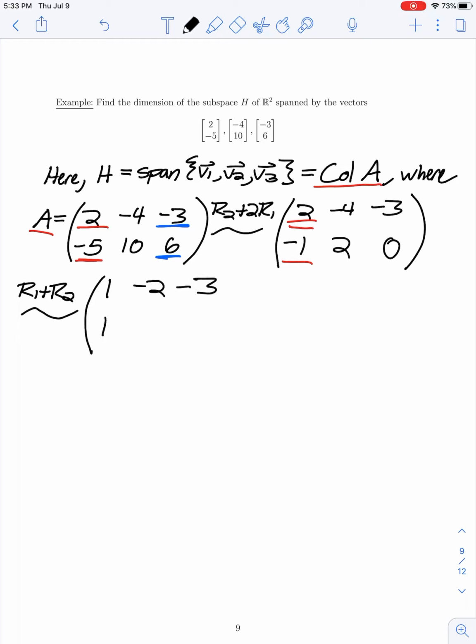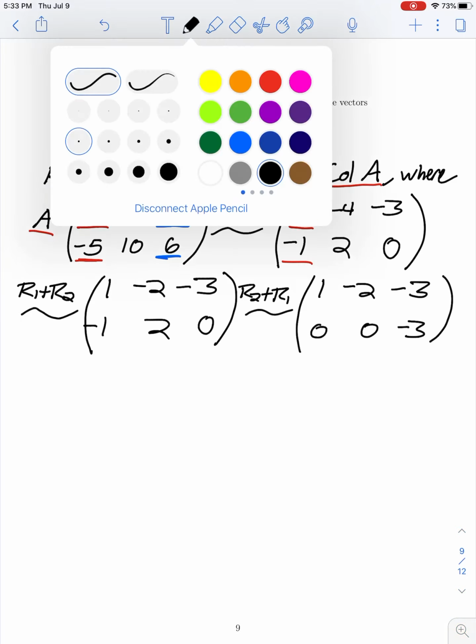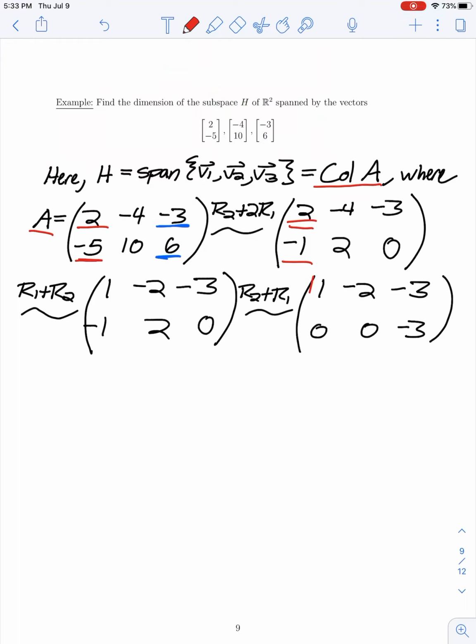And my second row will remain the same, -1, 2, 0. So adding my first row to the second row, that is row 2 plus row 1, I have 1, -2, -3, and my second row becomes 0, 0, -3. So at this point we have our matrix in row echelon form.